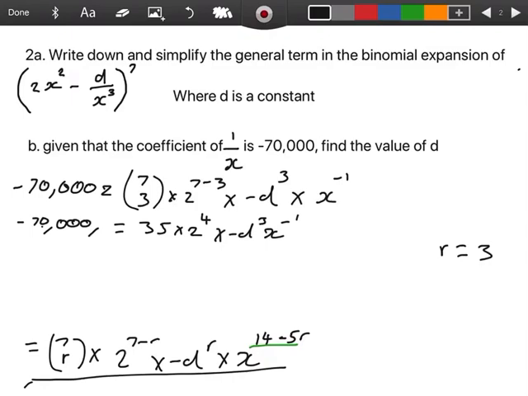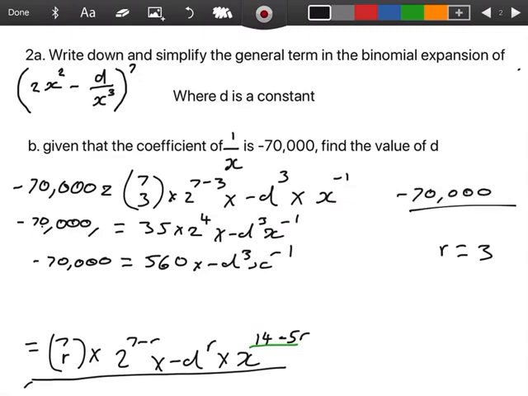So 35 times 2 to the 4 equals 560, equals 560 times negative d cubed x to the negative 1. So divide negative 70,000 by 560. This isn't too hard.